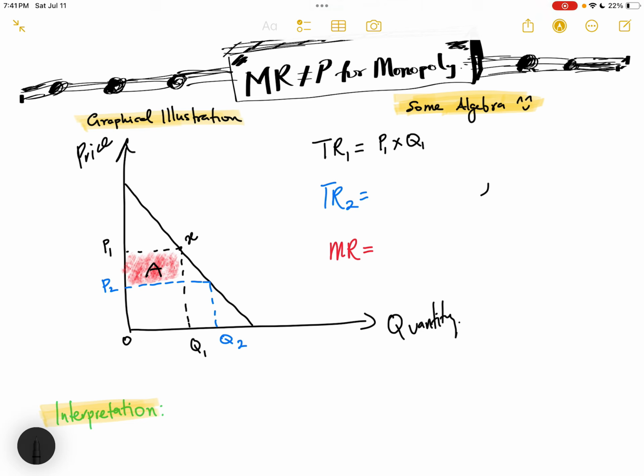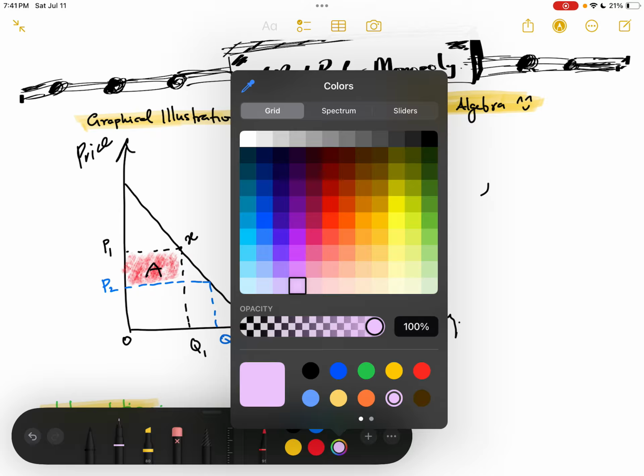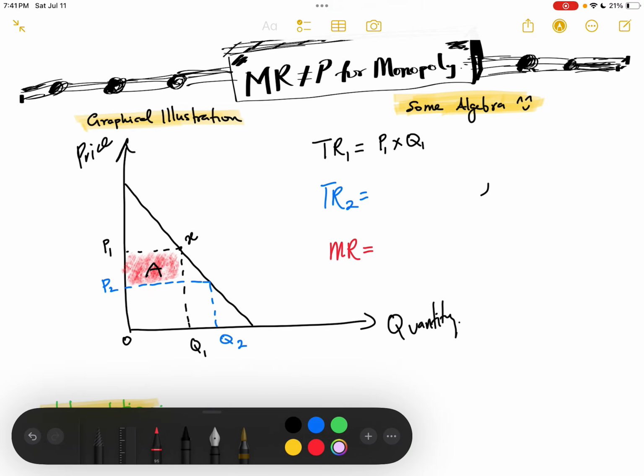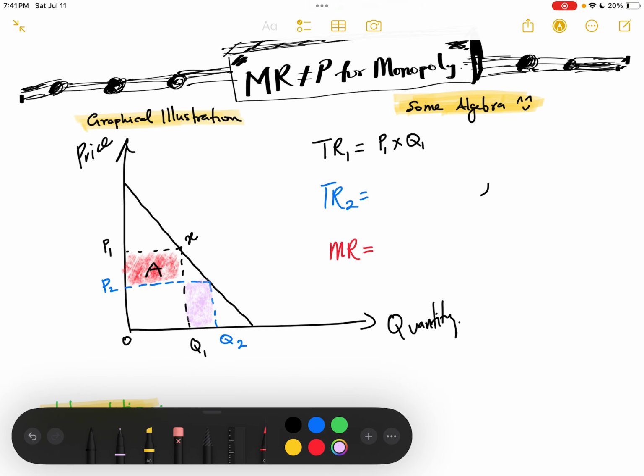Because we are producing a larger quantity, we lose some total revenue, the red shaded area A. But because we are producing a larger quantity, we are gaining this pink shaded area. Let's call that area C, just to be consistent.